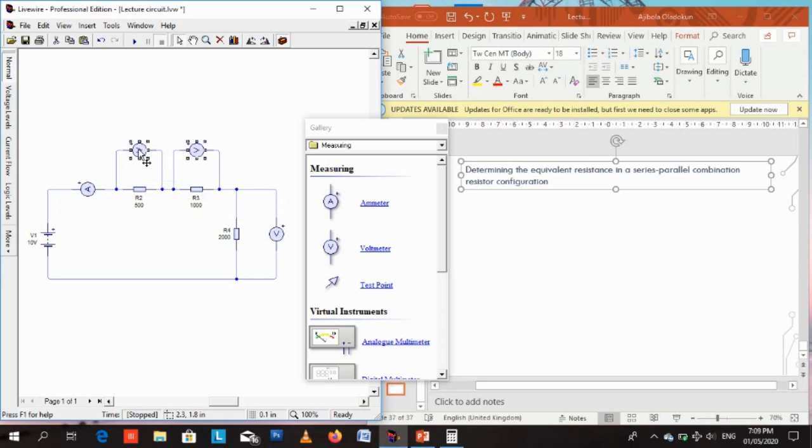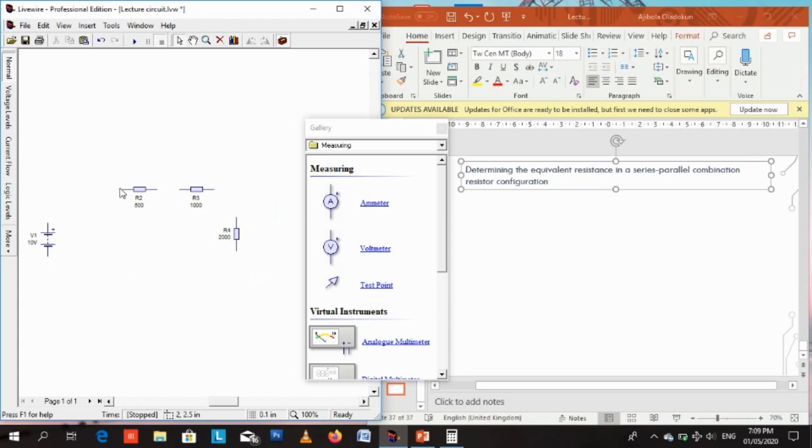We want to examine how to get the equivalent resistance, or total resistance, of a circuit if resistors are connected in both series and parallel. There was no way we could have examined this concept if we had not thoroughly examined resistors in series separately and resistors in parallel separately. So let's go.